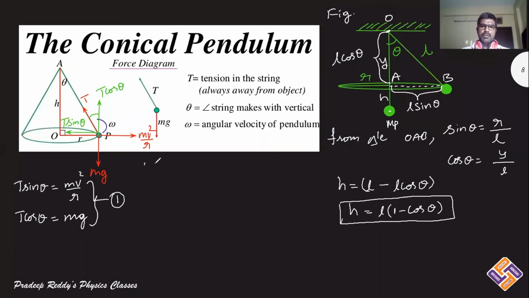So using the values of sin theta or cos theta in equation 1, we get the tension in the string.